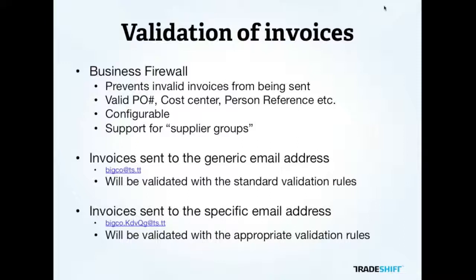Whereas if you issue a specific email address to each vendor, then we know who the vendor is, and we know what validation rules are appropriate for this vendor. So there are many advantages to the second approach. And it's basically optional if you want to also allow vendors to use the generic email address or not. So you're in full control here.